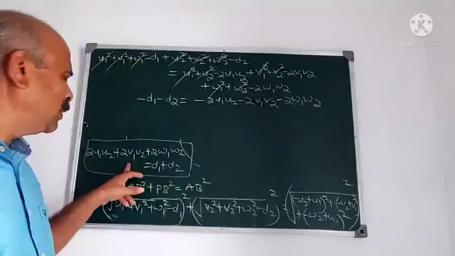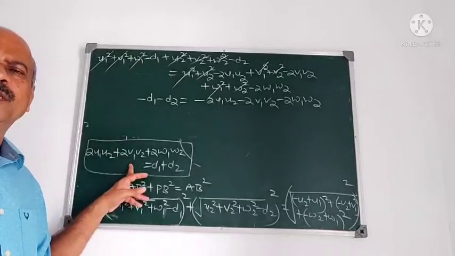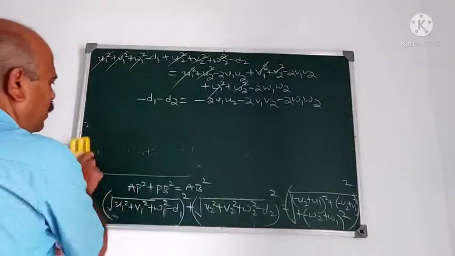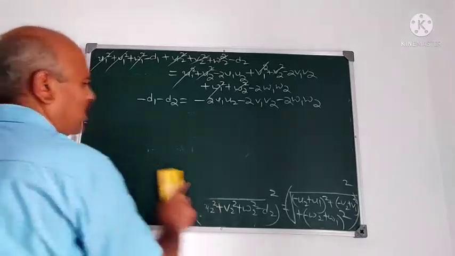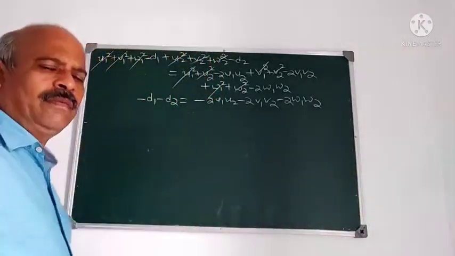We get this condition. This is the condition for two spheres to intersect orthogonally. I think the derivation was simple, but the formula is very important.